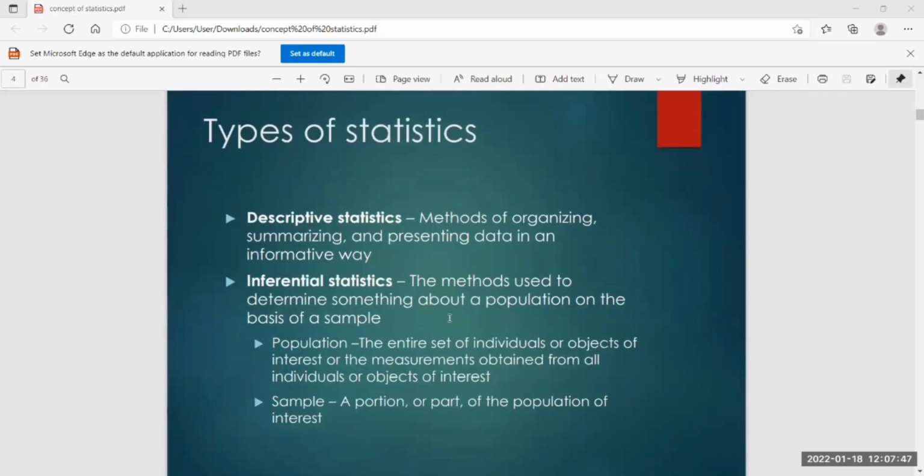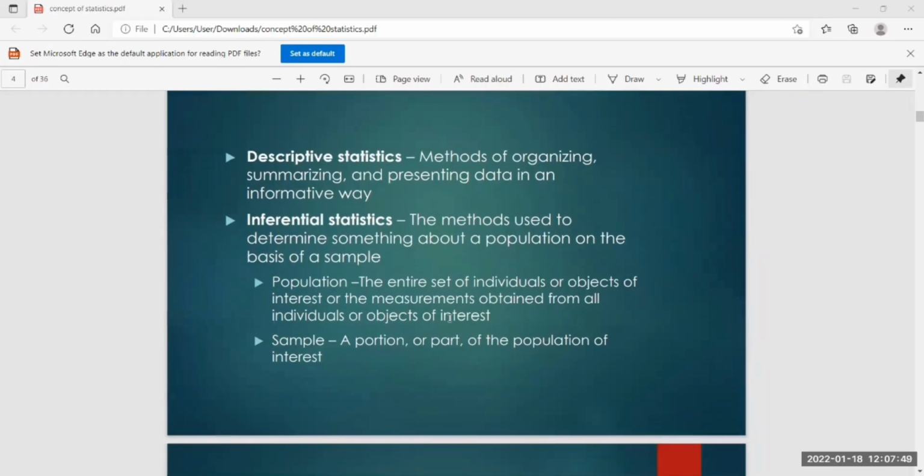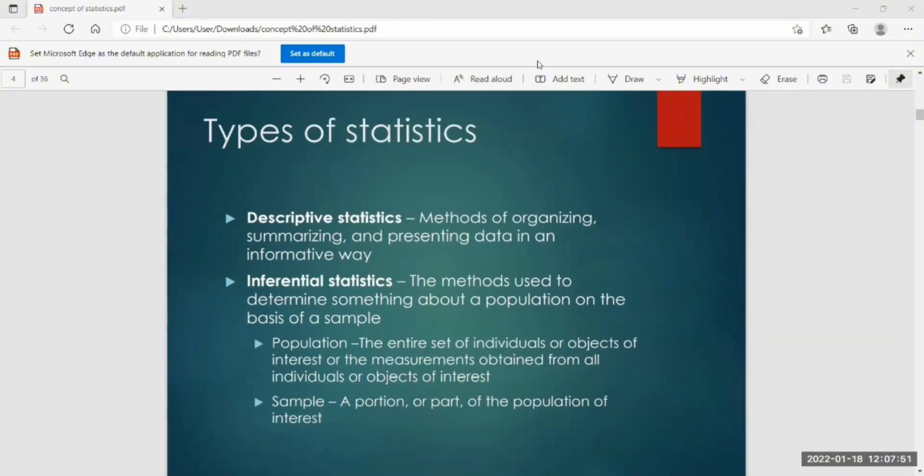The types of statistics are descriptive and inferential. Okay, first, the descriptive. This is the methods of organizing, summarizing, and presenting data in an informative way. And the inferential statistics, inference means diagnosis.